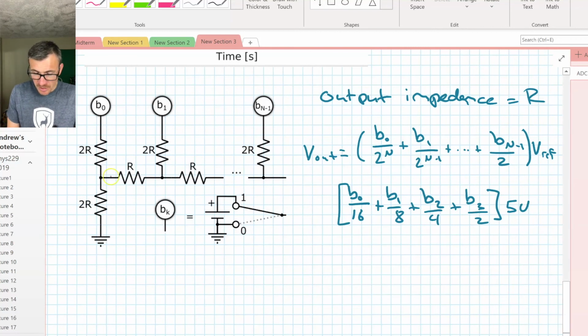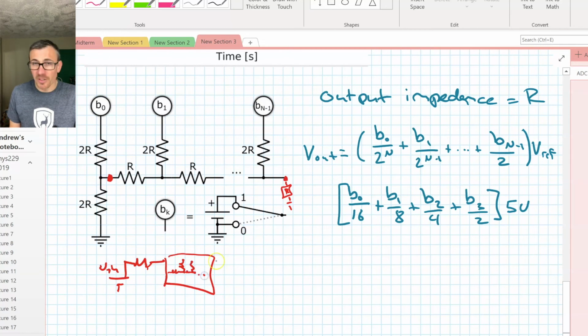What you do is you take these 2 points, say you have some giant load resistor, some fictitious load, and you find the Thevenin equivalent circuit using everything to the right of that as the load. So you're going to get something that looks like this: Vthev, R is the output impedance, times the rest of the ladder, dot, dot, dot.